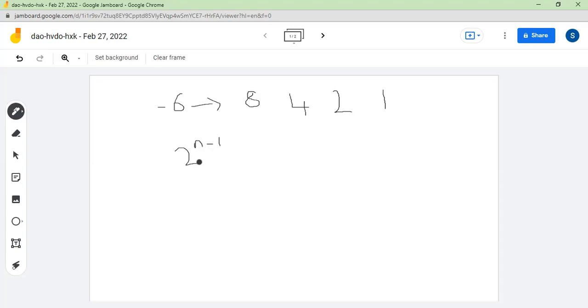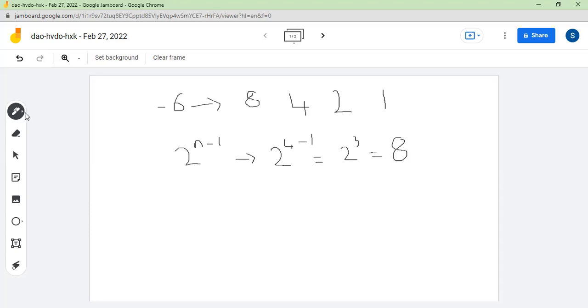Since it's a 4-bit, our n will be 4, so it will be 2 power 4 minus 1, which comes down to 16 minus 1, which is 15. Anyways, so now let us write down.